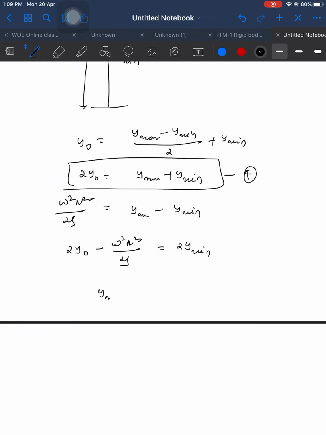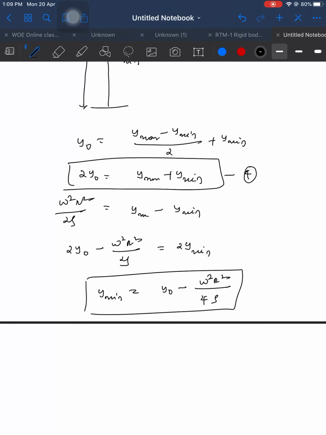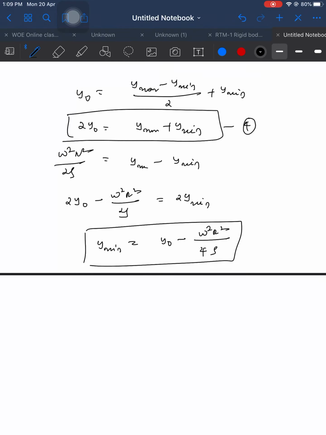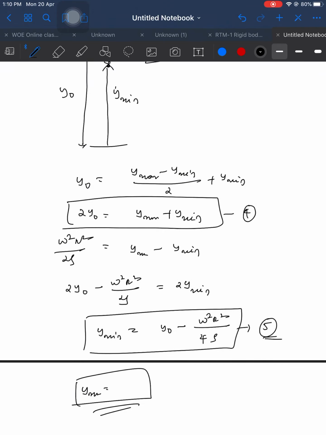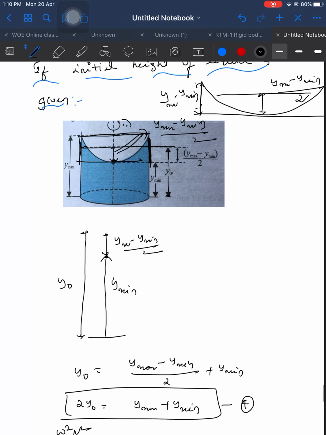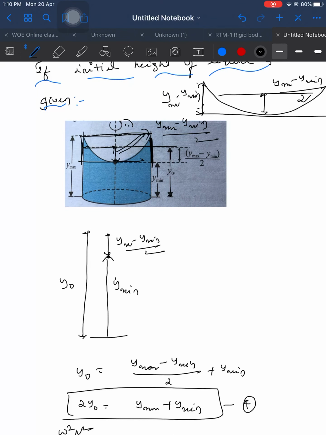Okay, y minimum is equal to y0 minus omega square r square by 4g. From equation 5 we can get the value of y max. It's not so complicated, just simple derivations. One thing you should remember, the mean height we consider as y max minus y minimum by 2.